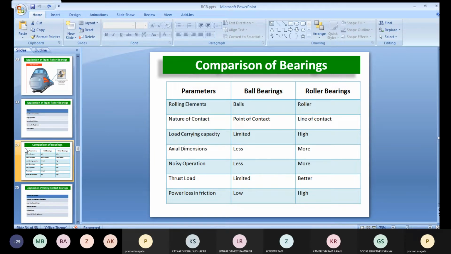First write down. For ball bearing, of course, the number of balls are the rolling element. Number of balls are the rolling elements. Then, in case of roller, cylindrical structure, that is the roller. Roller will be the rolling element.